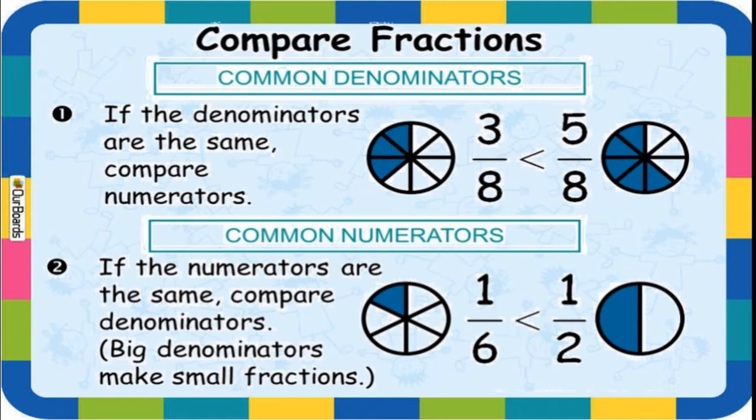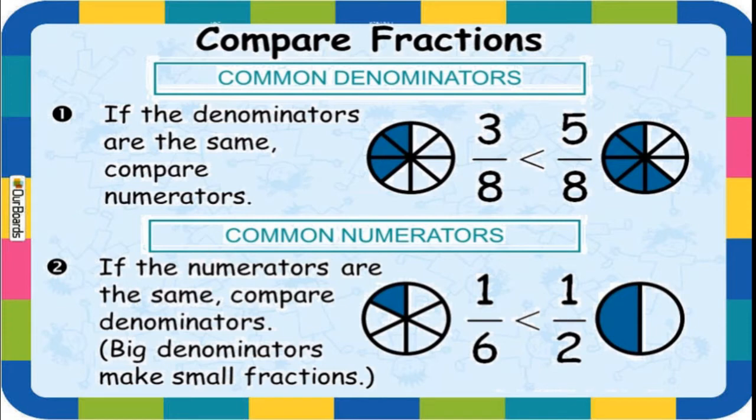Okay. If the numerators are same and the denominators are different, then we know the formula: lesser is the denominator, greater is the fraction. See the picture. First one is 1 upon 6, means a circle is divided into 6 equal parts and one part is chosen. And in the second, the circle is divided into 2 equal parts and one part is chosen.